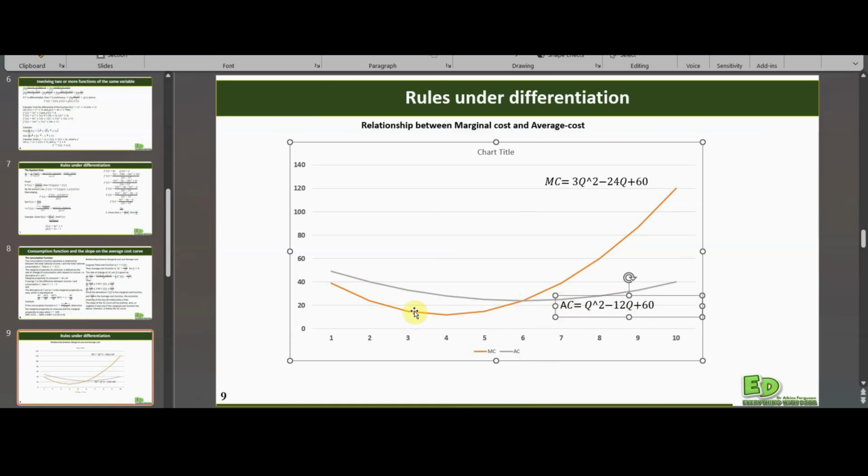And when the MC curve is equal to the AC curve, this is the intersection point. Where they intersect, that point is the minimum point, right? At a quantity of 6, we would say MC is equal to AC, right?